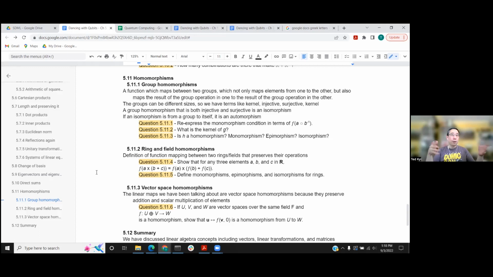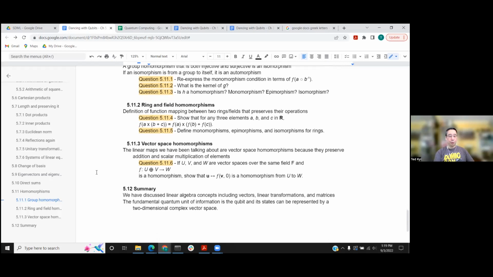So all the gates and other things that we look at are going to be linear maps. They're going to have unitary matrices, and they are also going to be these vector space homomorphisms, to use the technical term. Whew.